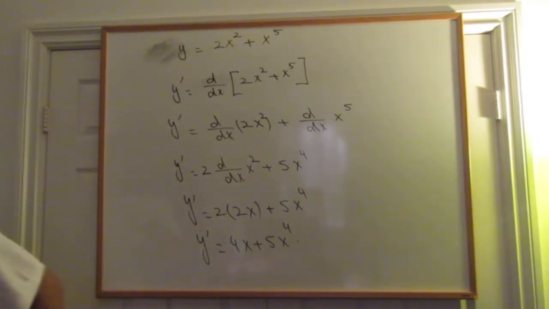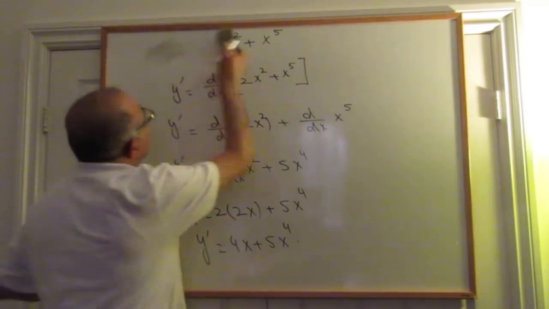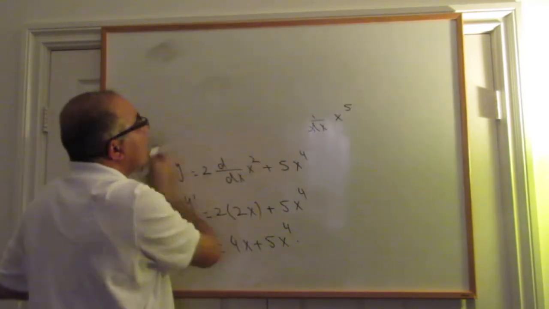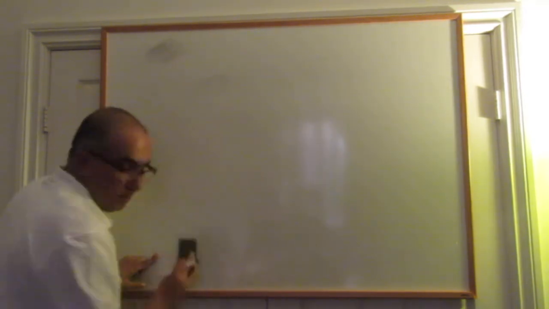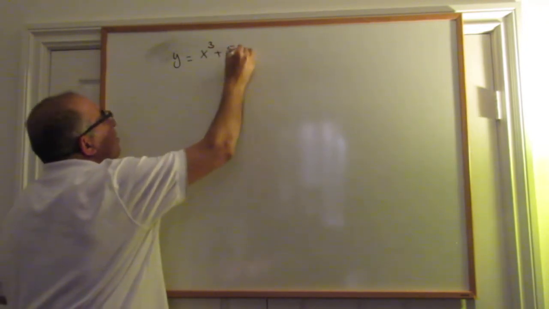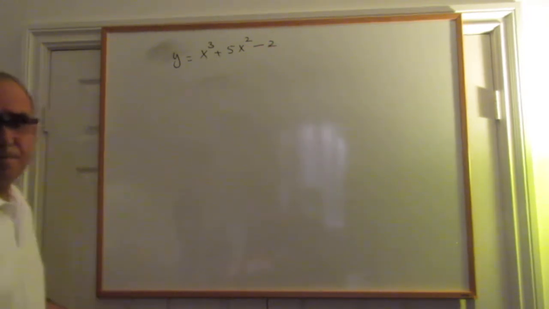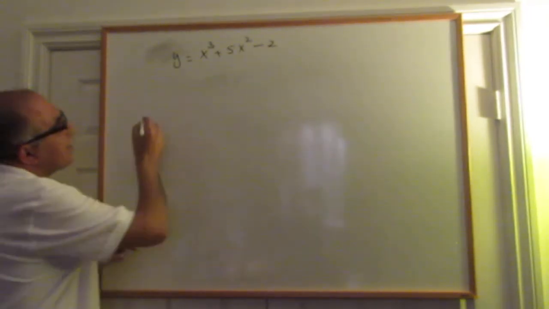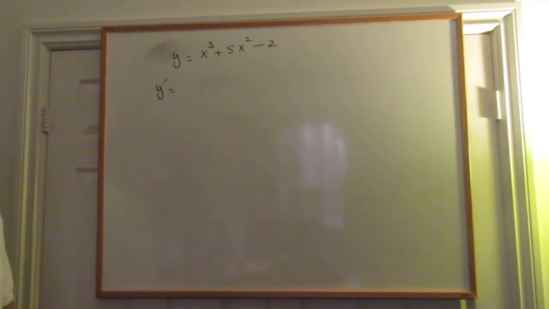Now let's do some more examples. For example, y equals x cubed plus 5x squared minus 2. They are asking us to find y prime, or the first derivative of this function.